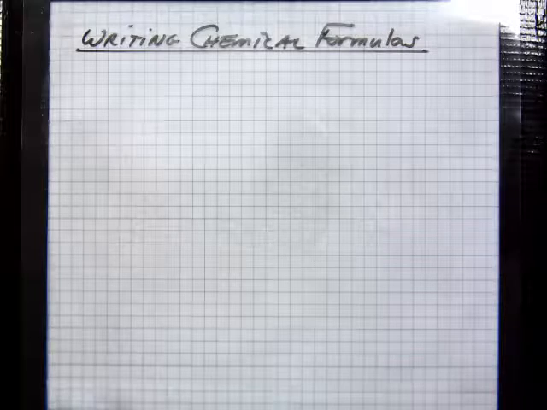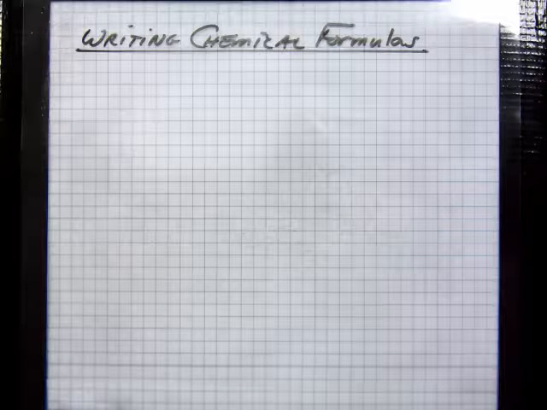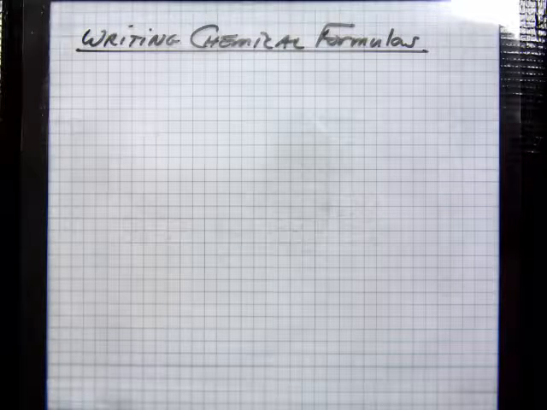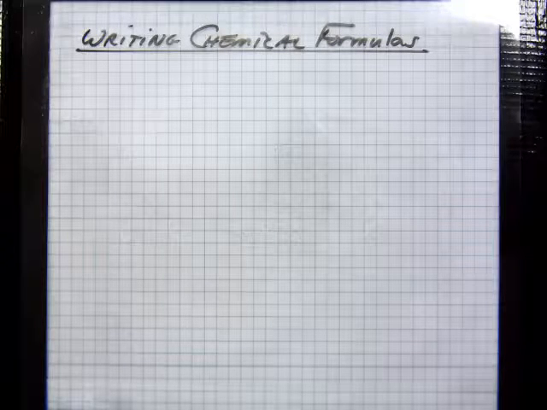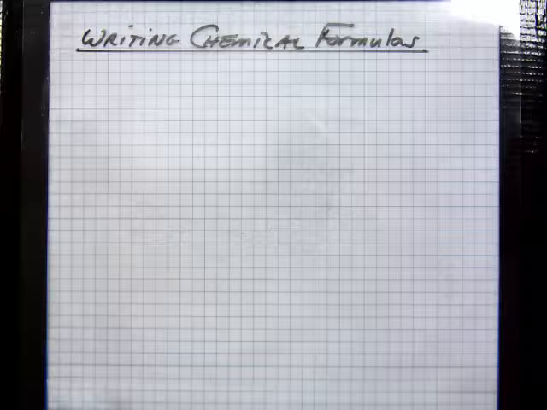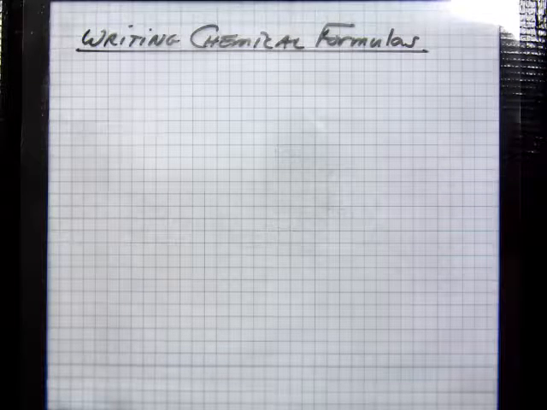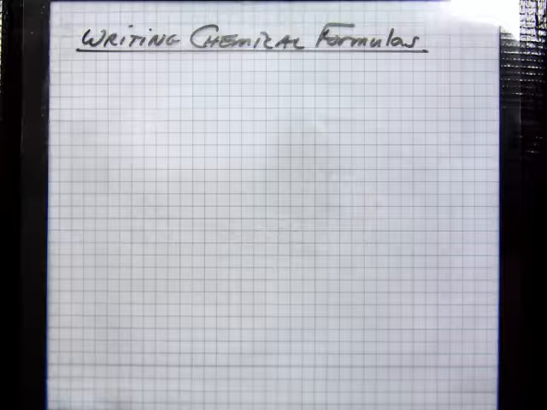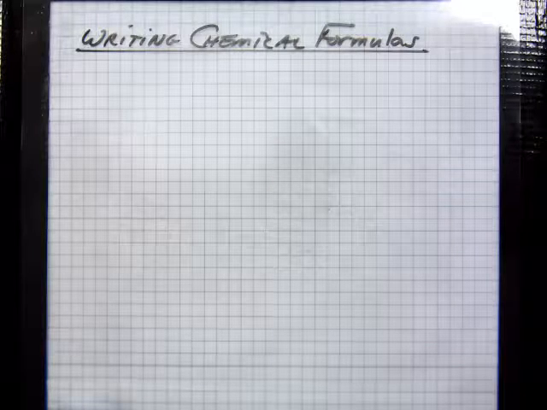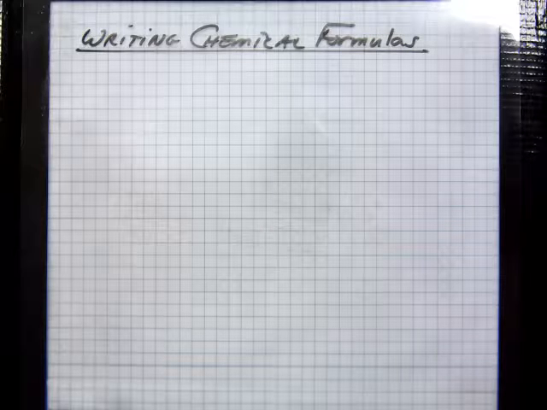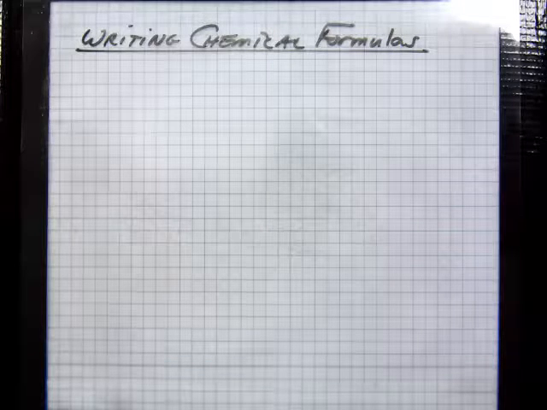Writing chemical formulas requires that you have a basic understanding of oxidation states of the various elements, how to deal with them. I've given you some when I introduced you to the periodic table and the ions. If you have a metal, it'll go positive, and non-metals typically go negative.